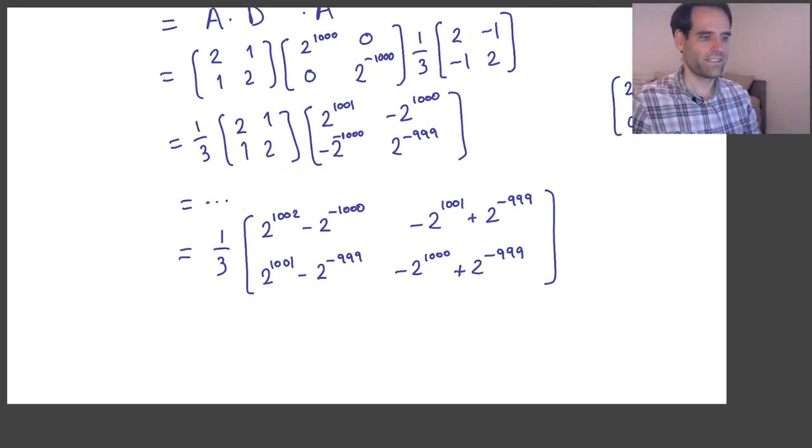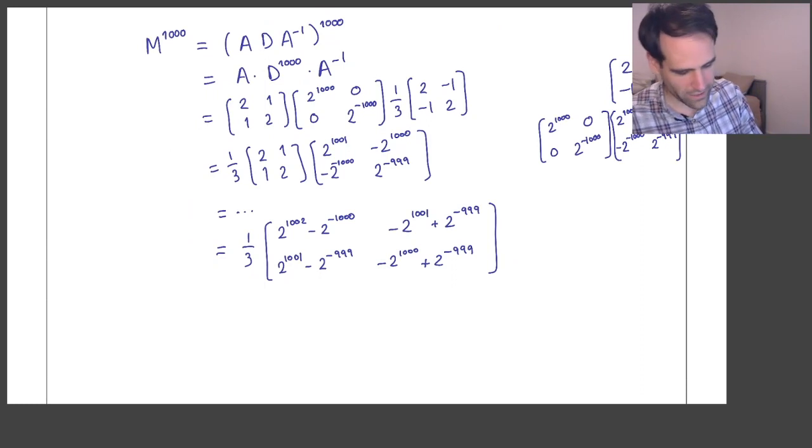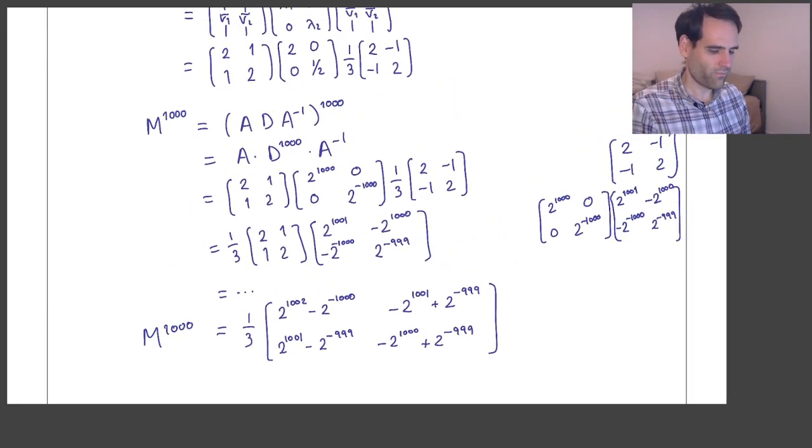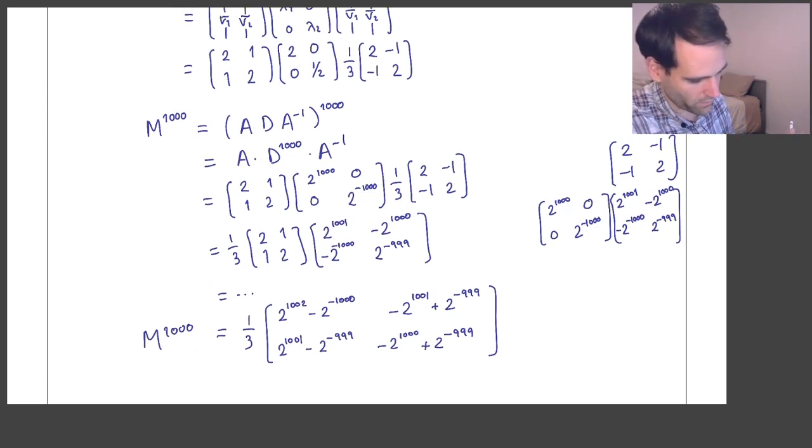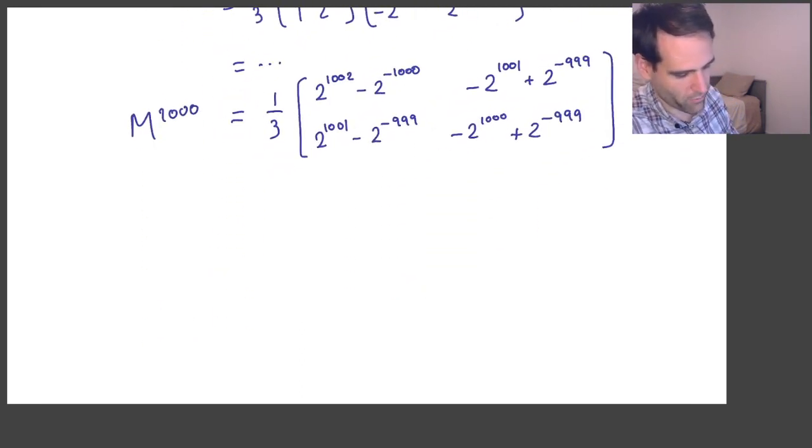And that's it. So you have been able to calculate M to the power 1000. In fact, I could have asked you to calculate M to the power n and leave everything as n instead of substituting 1000. Okay? So that is also possible. In fact, if we had done power n instead of power 1000, it would have been very easy.